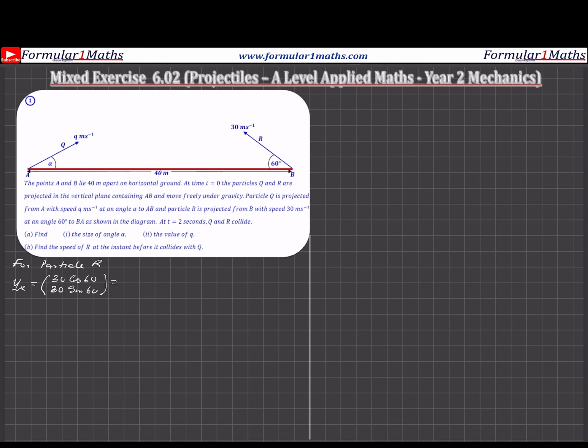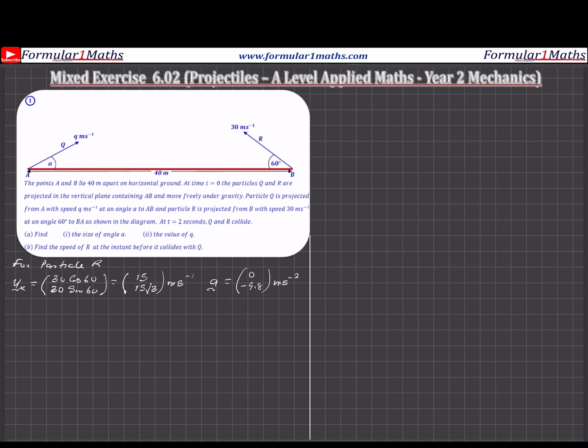If you simplify that, you're going to get 15 and 15 root 3 meters per second. I'm going to consider upward direction to be positive and downward direction to be negative. And so that means that my acceleration, which is also a vector, will be given by 0 for horizontal and minus 9.8 for vertical, meters per second squared.